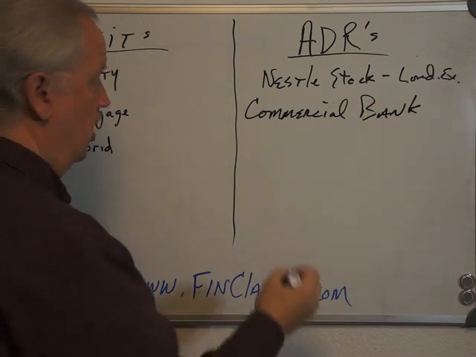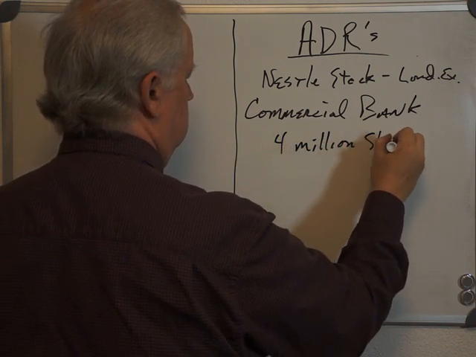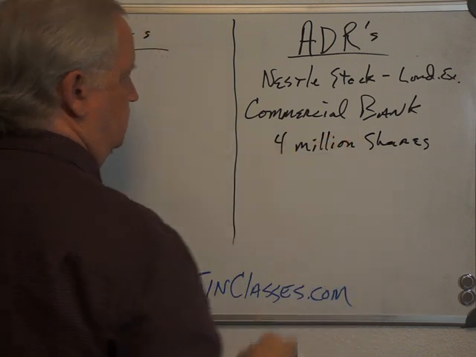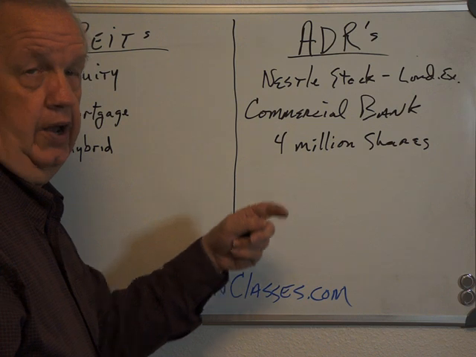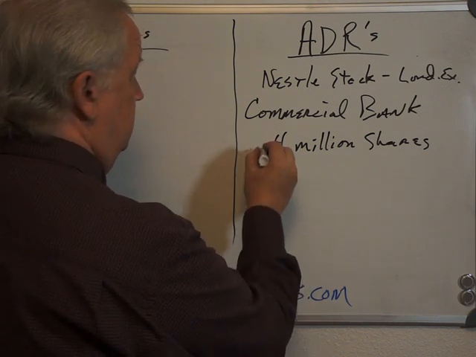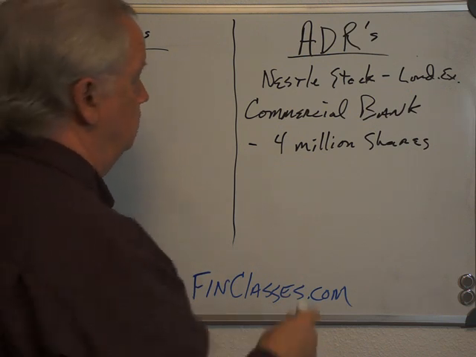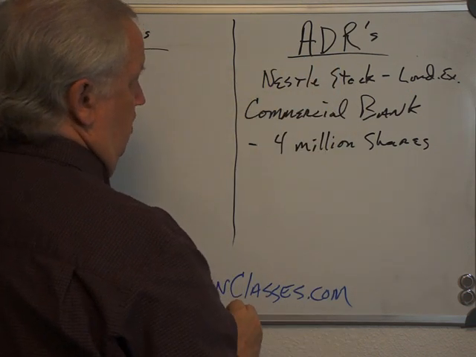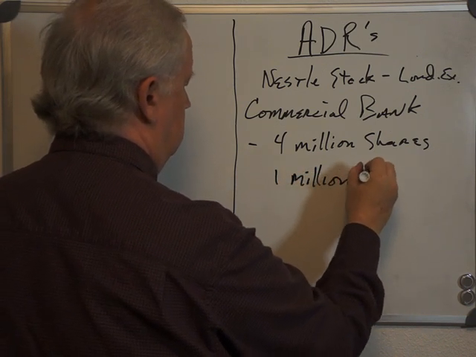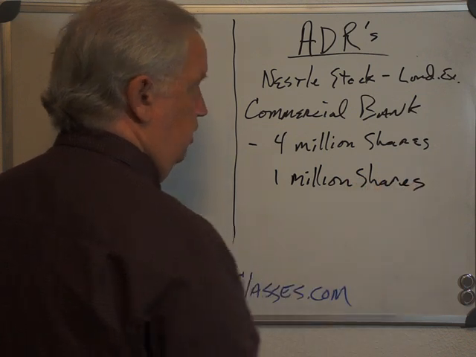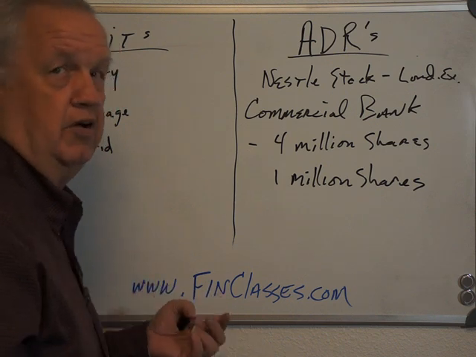Let's say, for example, that they bought 4 million shares. And let's say the ratio, which is very common, 4 shares to 1. So they take those 4 million shares of Nestle stock and they make them Nestle ADR. And 1 million is sold into the marketplace through an exchange or over the counter.